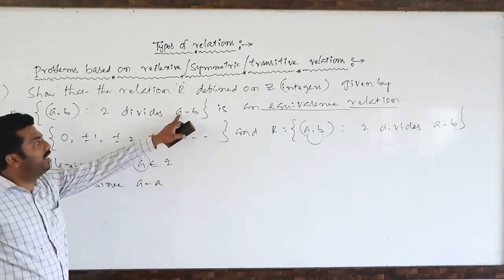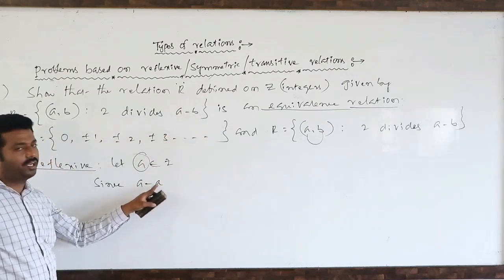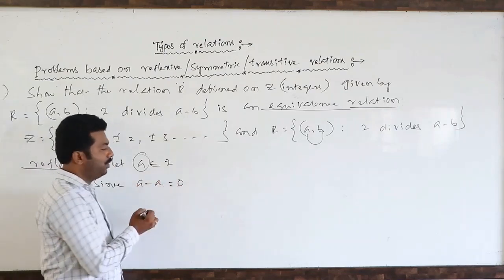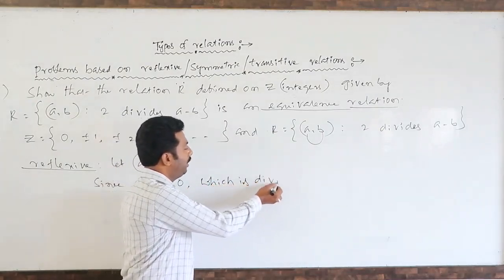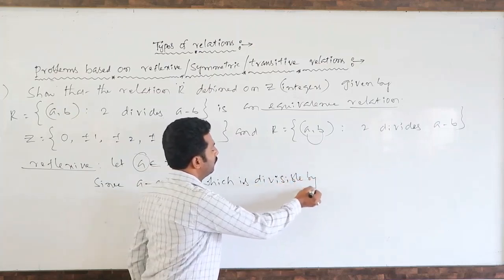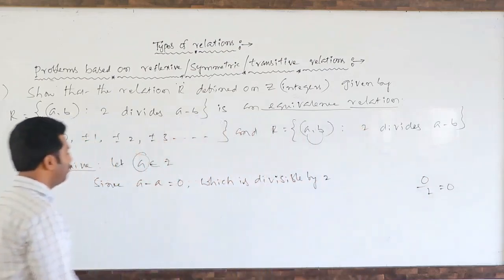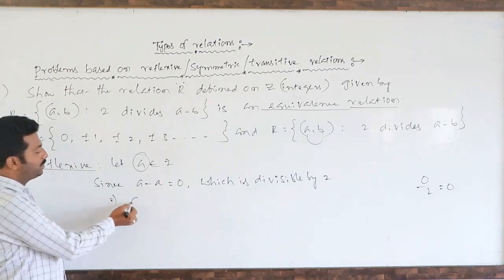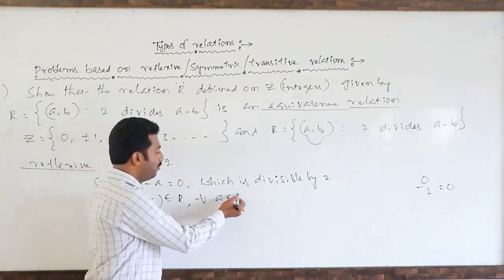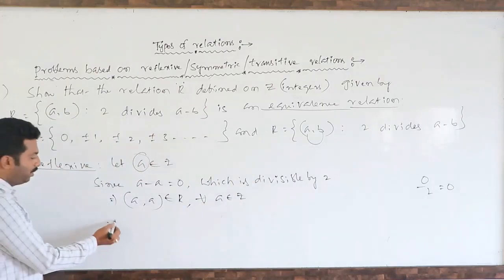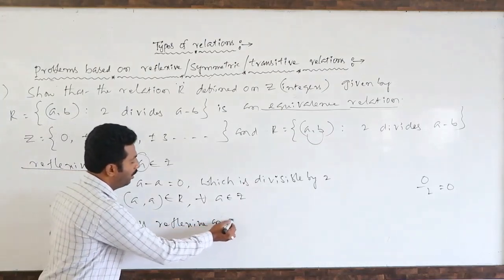For reflexive, it is a minus a, because the relation is the first component minus the second component, and here the second component I am also taking as a. a minus a is nothing but 0, which is divisible by 2, because 0 divided by 2 is 0. So (a, a) belongs to capital R. This is true for every element in capital Z. Therefore, capital R is reflexive on the integer set.